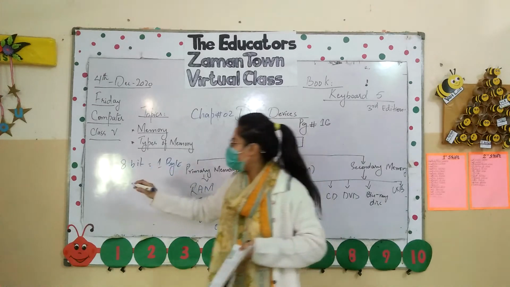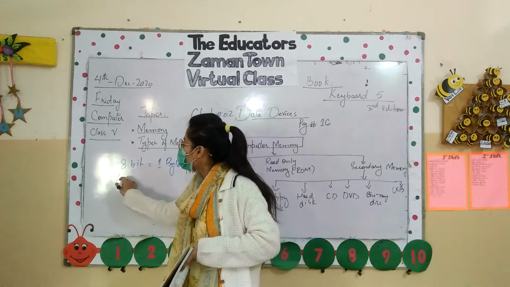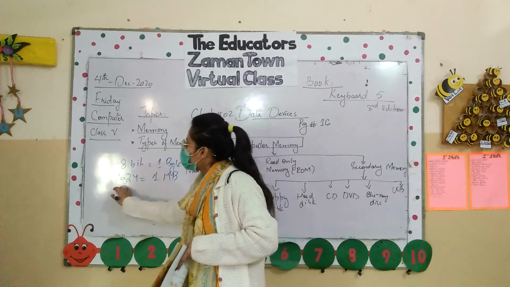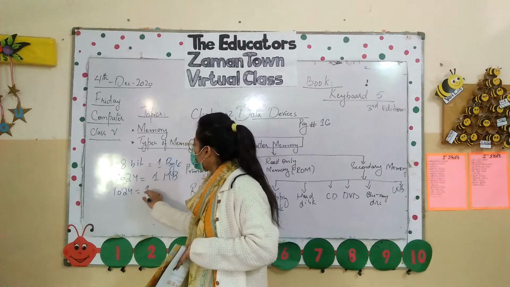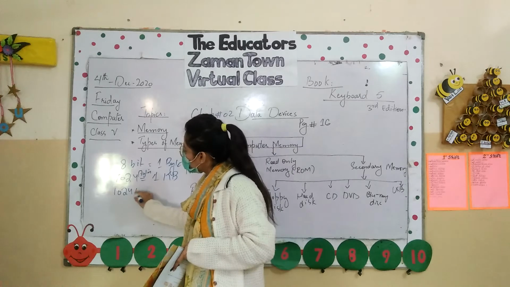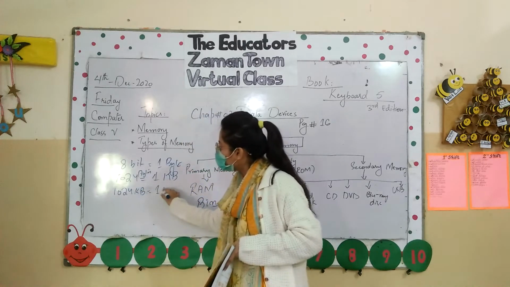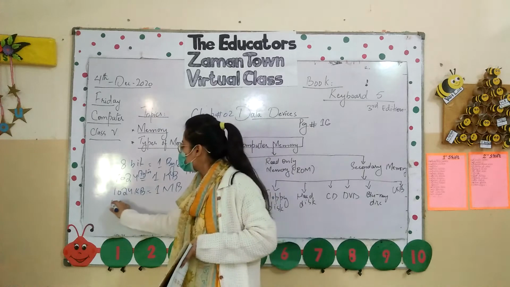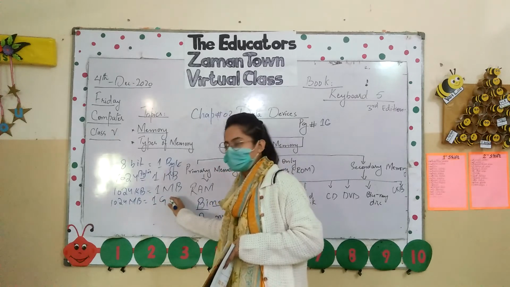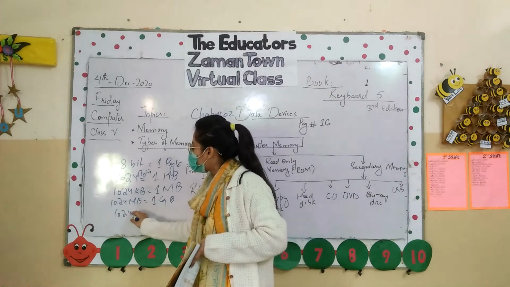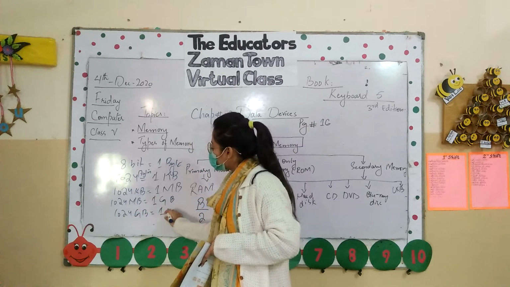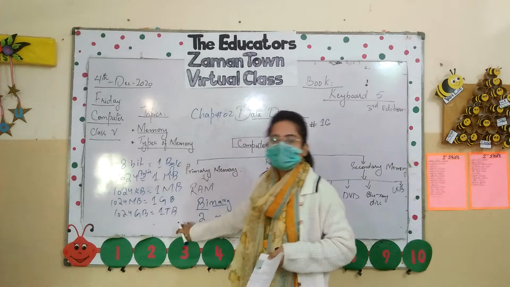After the byte, 1024 bytes make 1 kilobyte, and 1024 kilobytes make 1 megabyte, and then 1024 megabytes become 1 gigabyte, and 1024 gigabytes equal 1 terabyte.